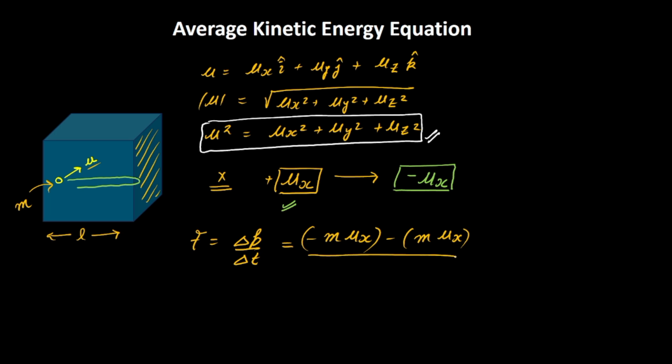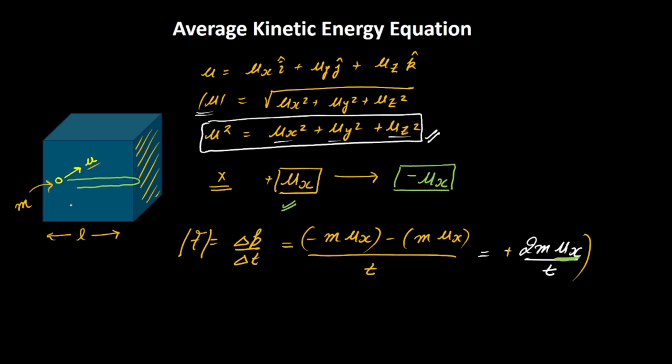And let's say it takes t time, so we divide this by t. The answer comes out to be minus 2m ux divided by t. If we are interested in just the magnitude of the force, we can ignore this negative. So the magnitude of force would be 2m ux divided by t.